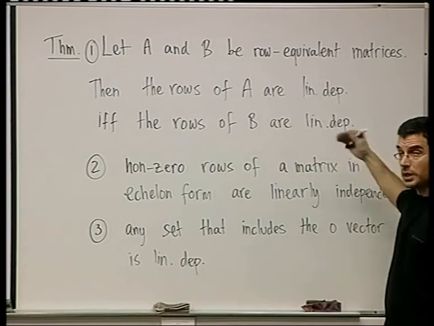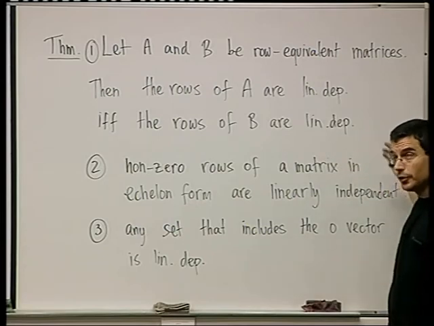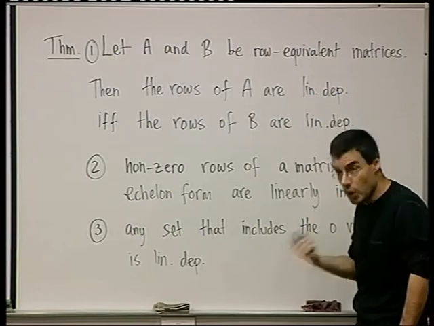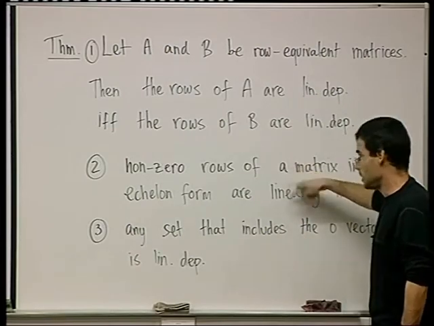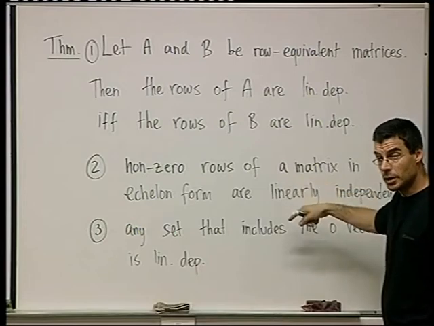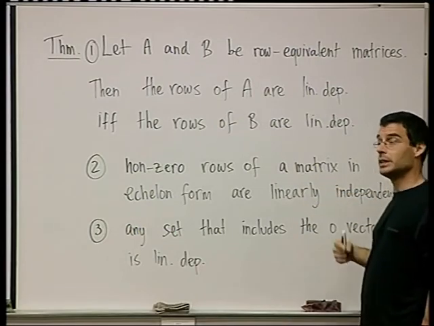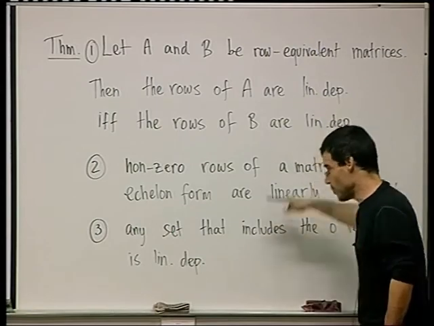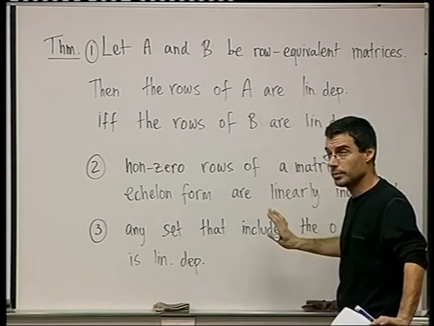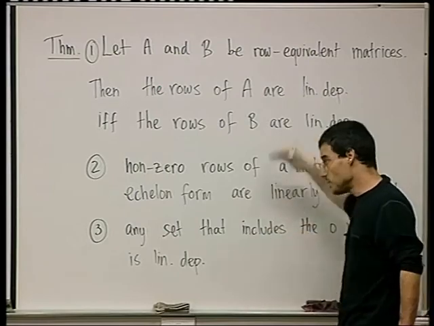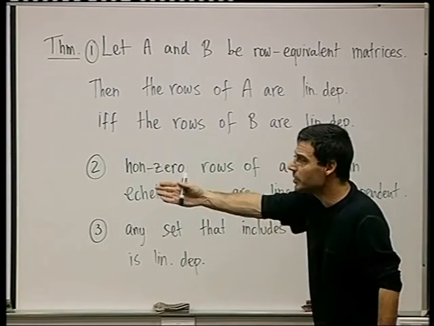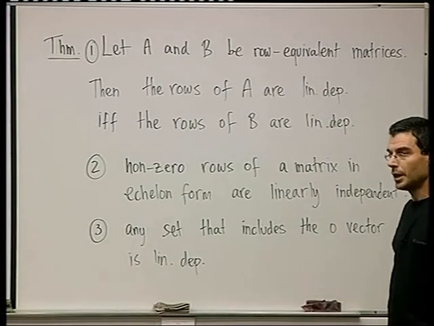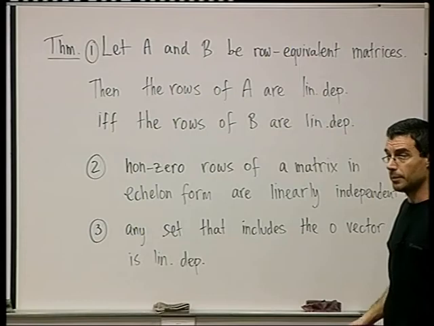So if the matrix we row reduce to, B, is in echelon form, and it has no 0 vectors, then by theorem number 2, its rows are linearly independent. Clear? So do you see how these 3 theorems, which require general proof, yield what we called method 2, stated as a recipe rather than a bunch of theorems.